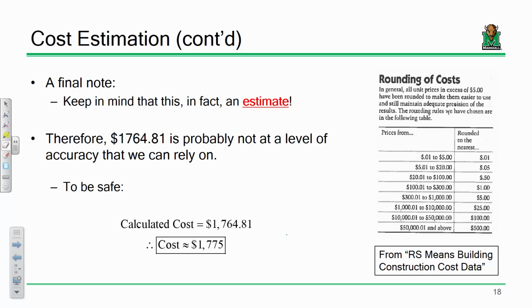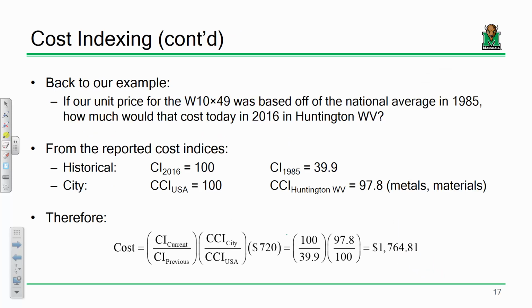The point I'm making is that that's $720 in 1985, and if I do the math, it's $1,764.81. Now, if I call Huntington Steel and say I want to buy 12 feet of a W10 by 49, it better cost $1,764.81? They're going to go, well, let's see how much it costs.